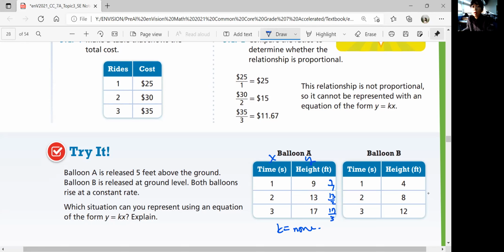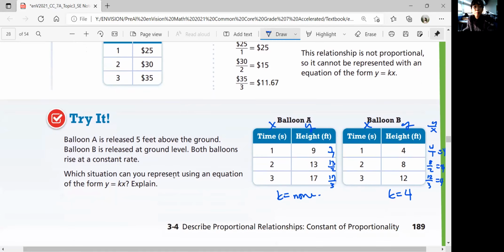Look at balloon B. Do we have the same constant of proportionality? What's y over x? 4 over 1, 8 over 2, 12 over 3. 4 over 1 is 4, 8 over 2 is 4, 12 over 3 is 4. Now we have a constant of proportionality, k, which is 4. Can we write this as an equation? Yeah, if you have k, you can write this in an equation of the form y equals kx.